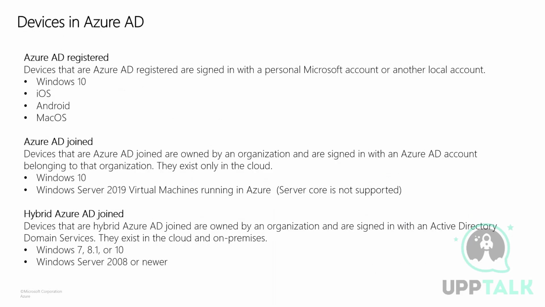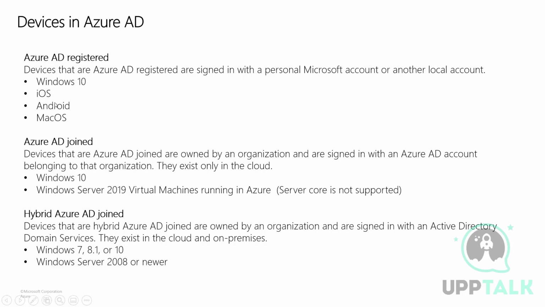Even management of resources becomes much easier once you have added your resources. Whether it's pushing patches or system upgrades, all these things become easier once you have registered your device over here. If you look at the types of devices, it's not just about Windows devices.